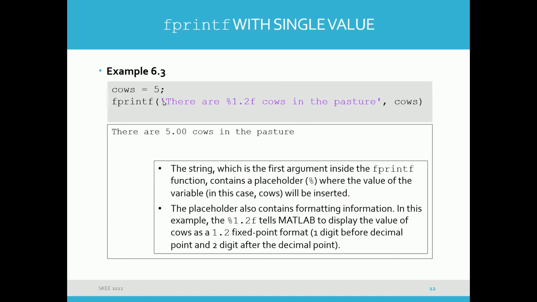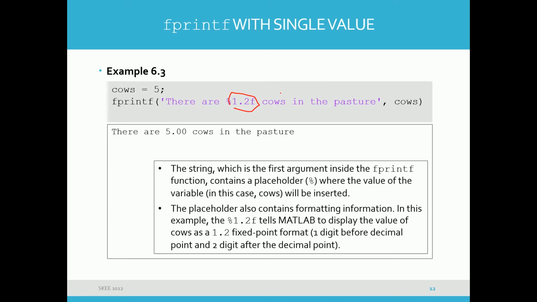You need to put an open bracket and close bracket. Of course, a comma, and then you put the variable, the variable that you want to put in the text, and of course you want to put it here. The cow value.